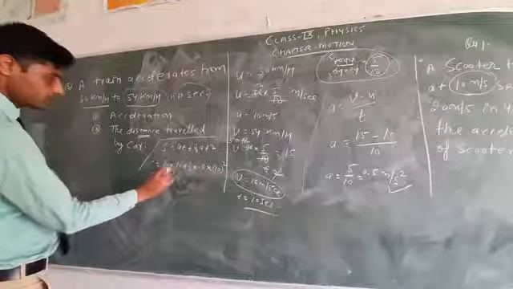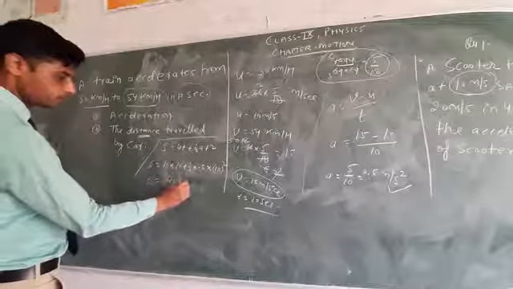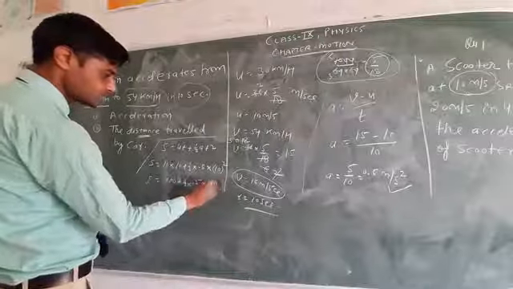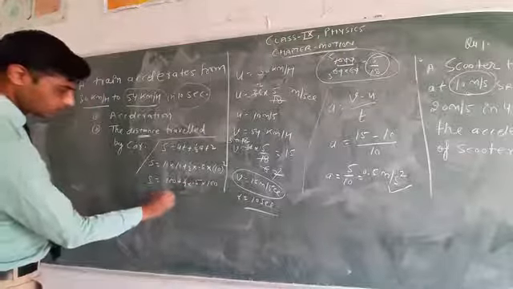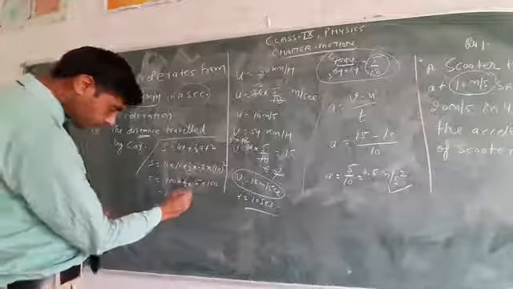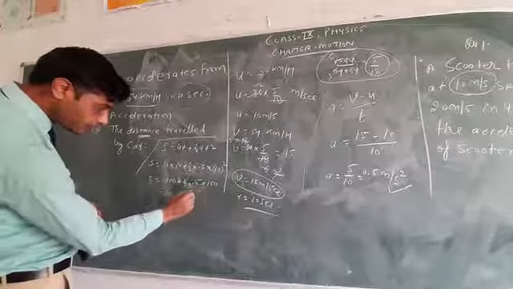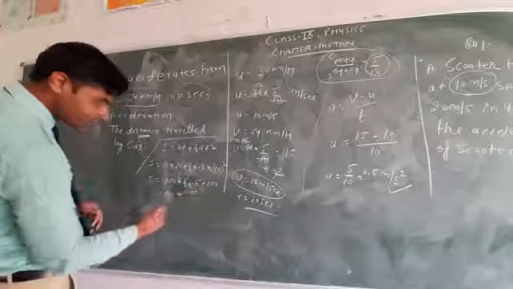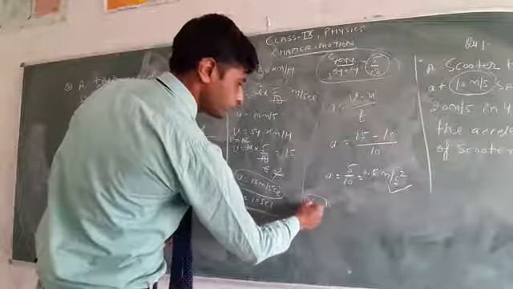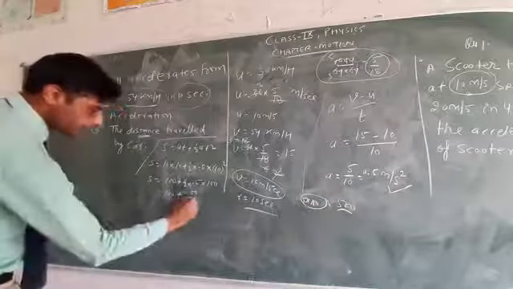So s equal to 10 into 10, 100, plus 1 upon 2 into 0.5 into 100. So 100 plus, when you multiply 0.5 into 100, it is 50, because when you multiply 5 into 100 it is 500, the decimal point will come, so it is 50, and divide by 2.